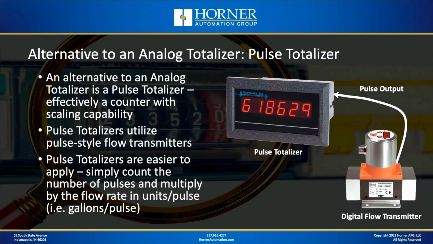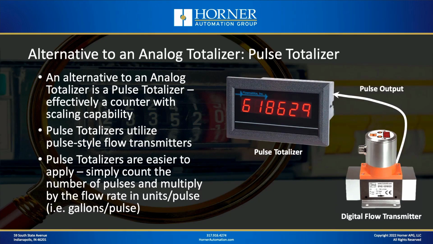Now, many of you may already be familiar with a pulse totalizer, and that's probably a little bit more common application. So a pulse totalizer would be an alternative to an analog totalizer. Effectively, it's a counter that has the ability to scale the input. For instance, you might have a flow transmitter that, instead of putting out an analog signal, puts out a pulse train or a certain number of pulses per gallon of flow.